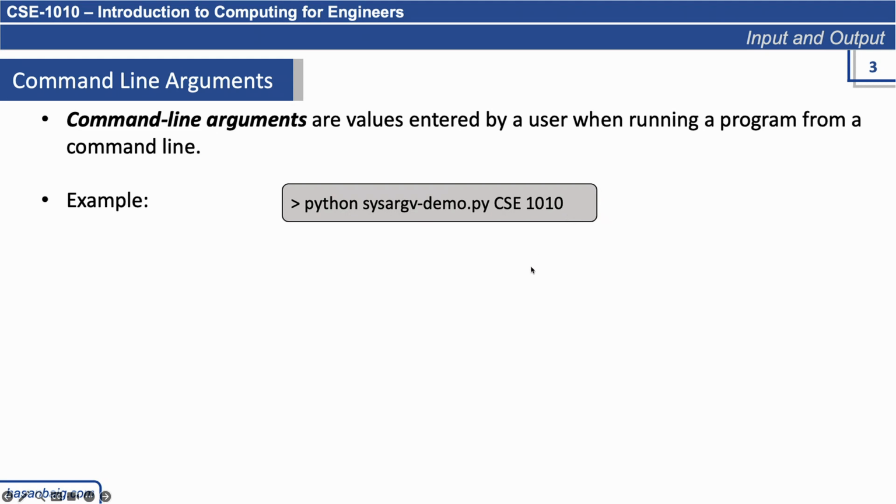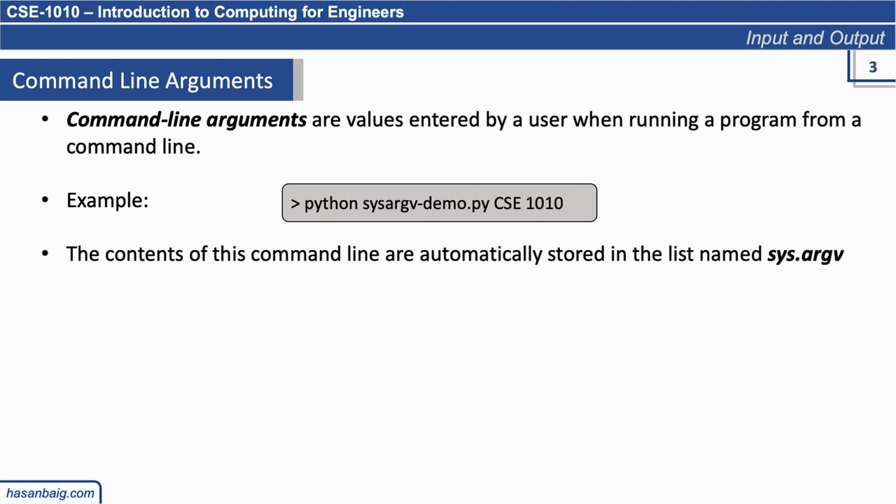Where do you think these arguments would go? This is a procedure of providing an input to a Python script. By default, the contents of this command line are automatically stored in a built-in list named sys.argv. Do you have any idea what sys.argv represents?